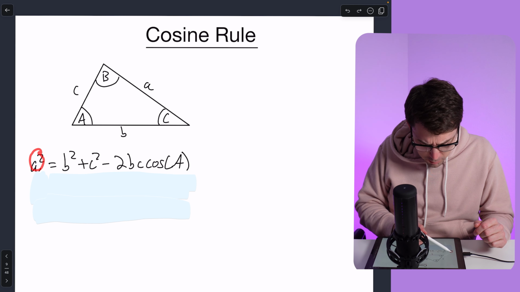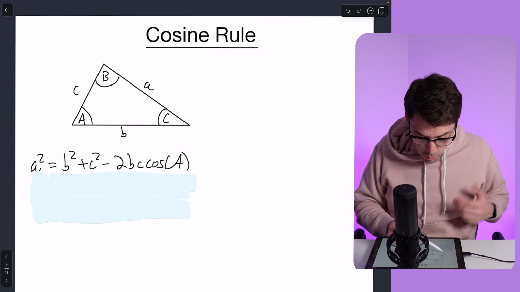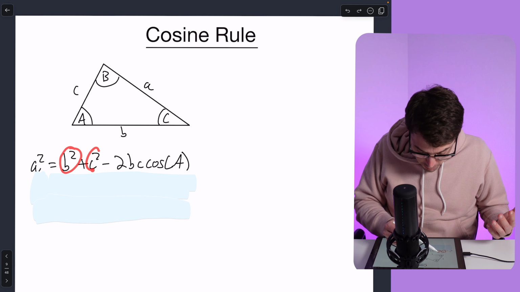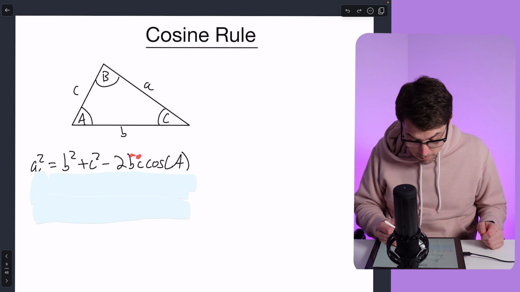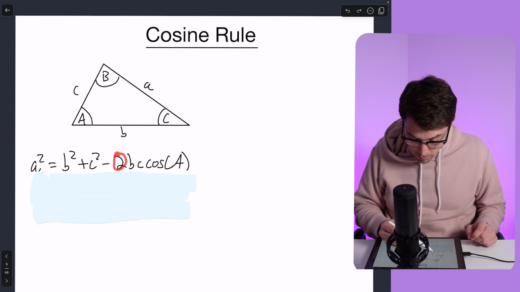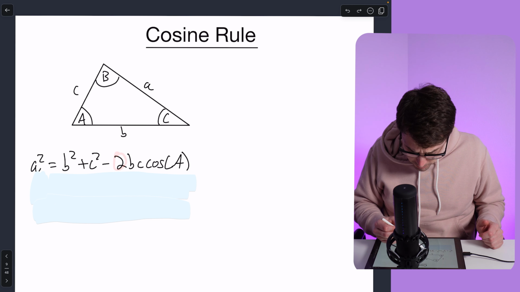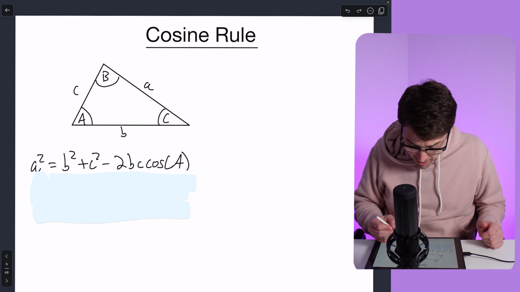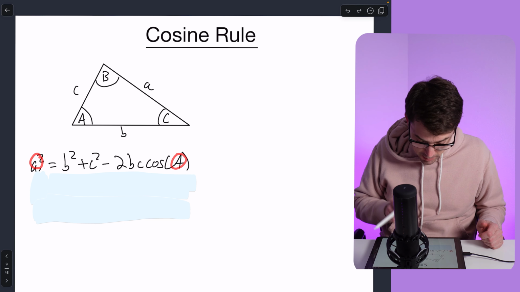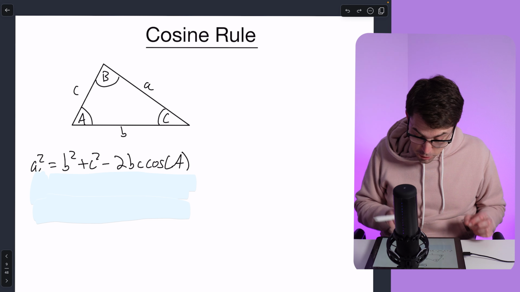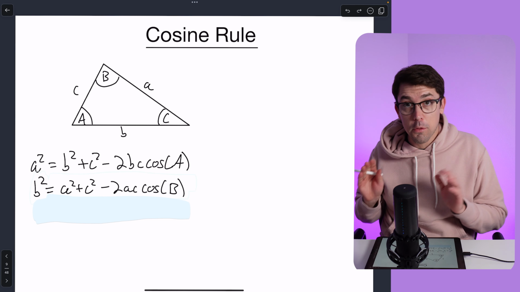We have one length squared, and that's going to be equal to the other lengths squared, added together, and whatever those two lengths were, we multiply them together, not squared, with a multiplicative of 2 in front. And then we're going to have cosine of A. So the angle here must match the side here. It must be opposite.